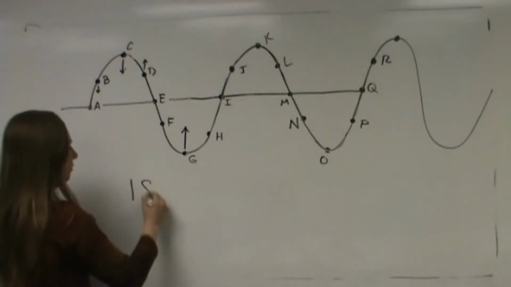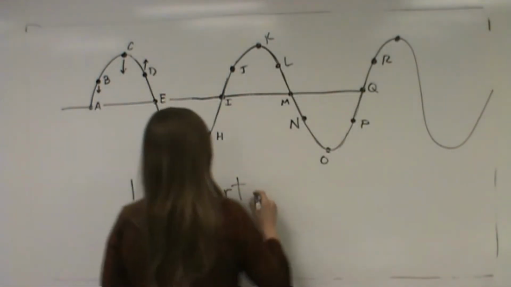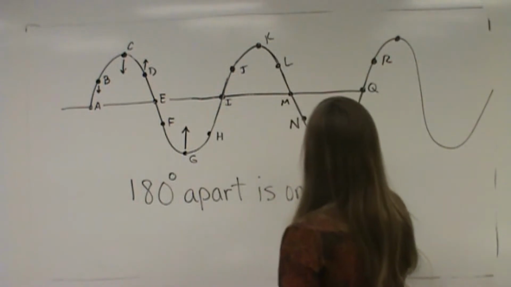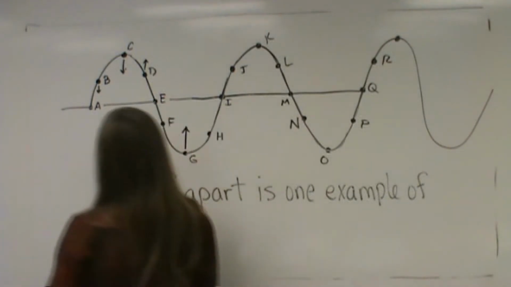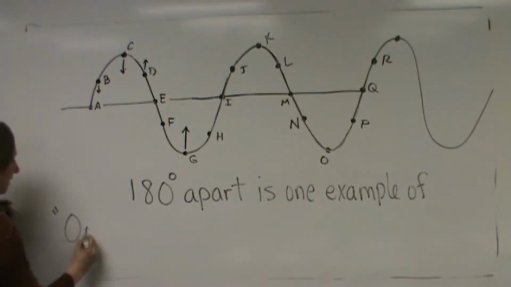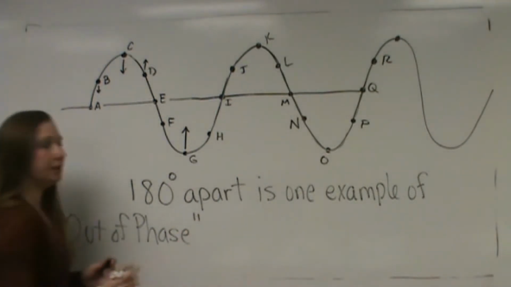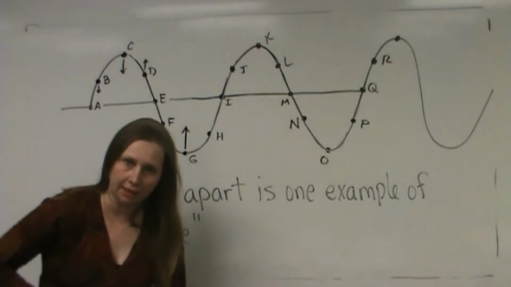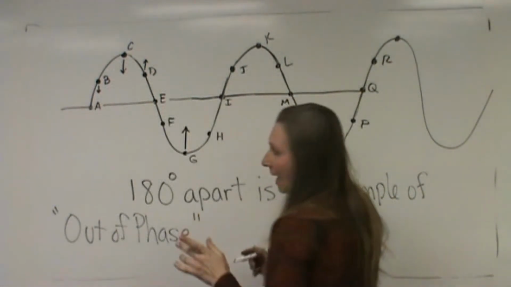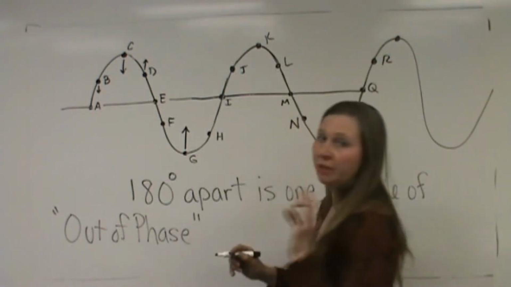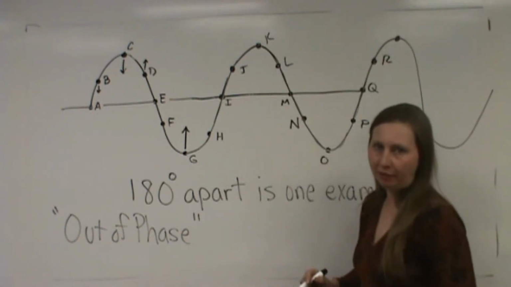All right, so 180 degrees apart is one example of out of phase. 2 particles that are out of phase. 180 degrees would be completely out of phase. And the 2 points would be separated by a multiple of a half wavelength.